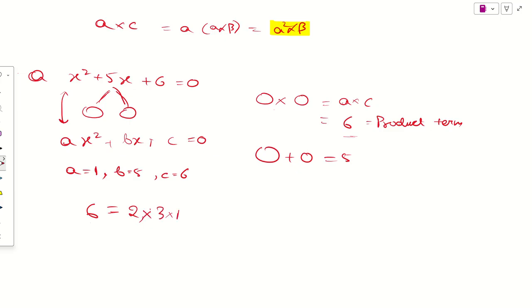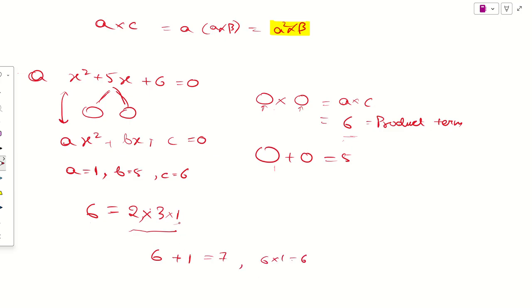So can you form possible combinations of two numbers whose multiplication gives you 6 and addition gives you 5? So the first combination will be 6 plus 1, it will be 7, and 6 into 1 is 6.